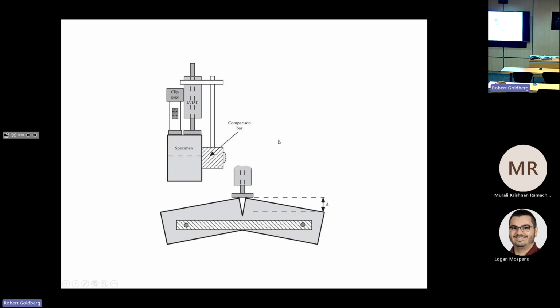So this comparison bar is attached to the specimen at 2 points, which are aligned with the outer loading points. And the outer coil of that LVDT we talked about is attached to the comparison bar, as illustrated here. And this comparison bar remains fixed during deformation, where this central rod is free to move as the specimen deflects.